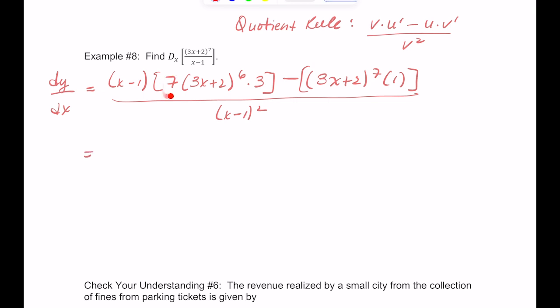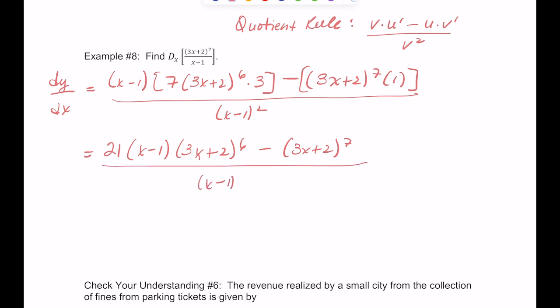So I can see here I can multiply the 7 times the 3, which would give me the 21. So right now I have 21 times (x minus 1) times (3x plus 2) to the sixth. And then I've got minus just the quantity (3x plus 2) to the seventh. And then all over (x minus 1) squared.